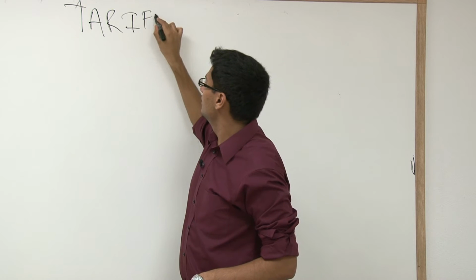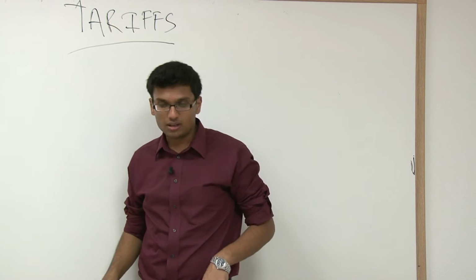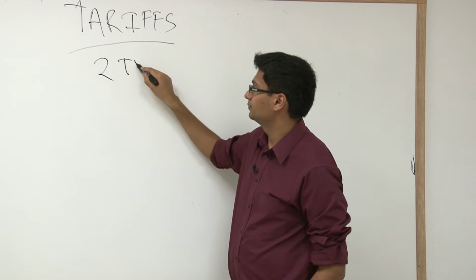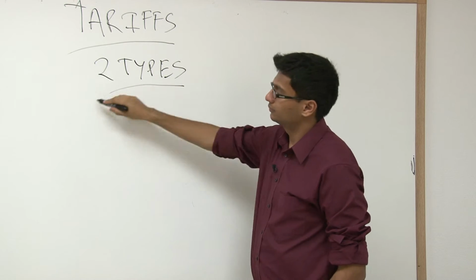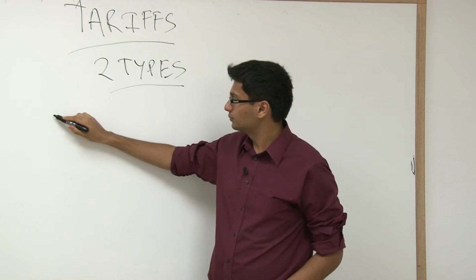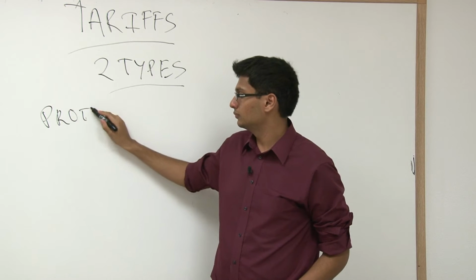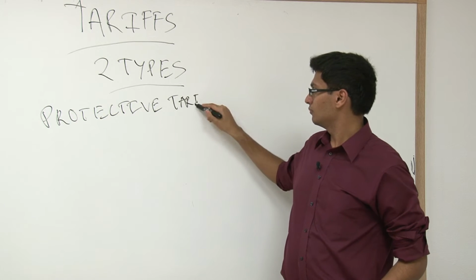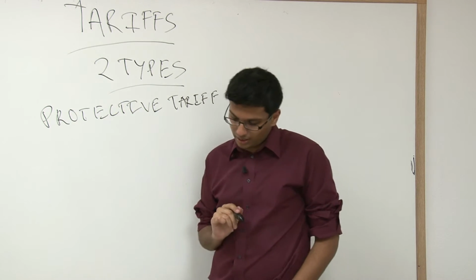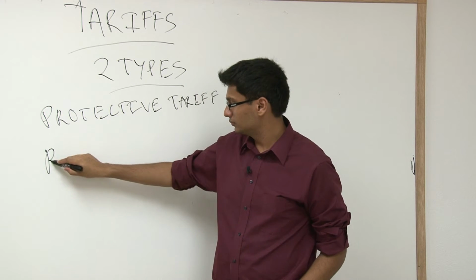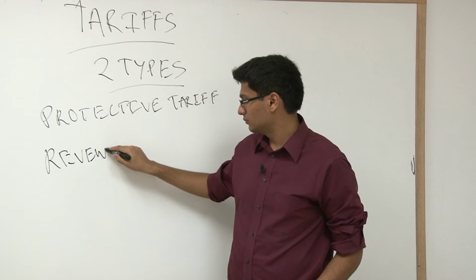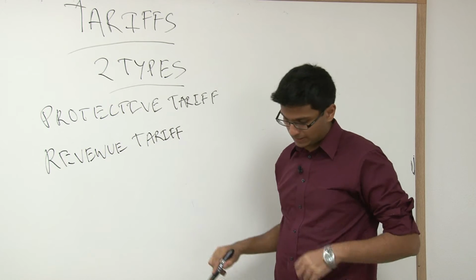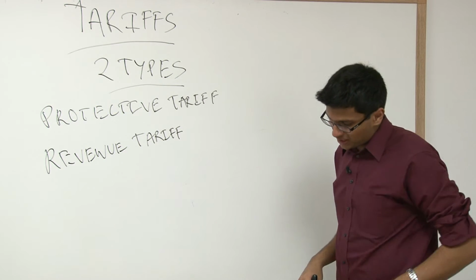Tariffs. Awesome. Tariffs are two types. There's protective tariff, and then there is revenue tariff. So we've got protective and revenue. Let's define protective.